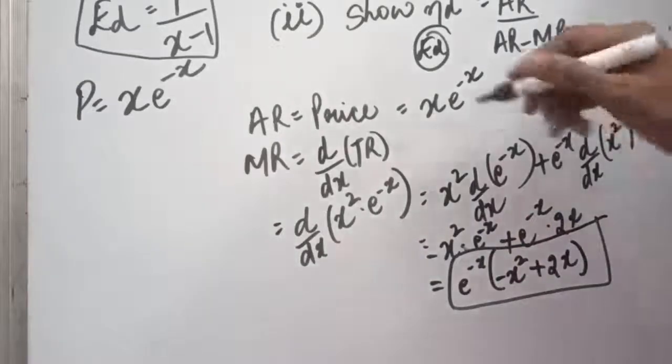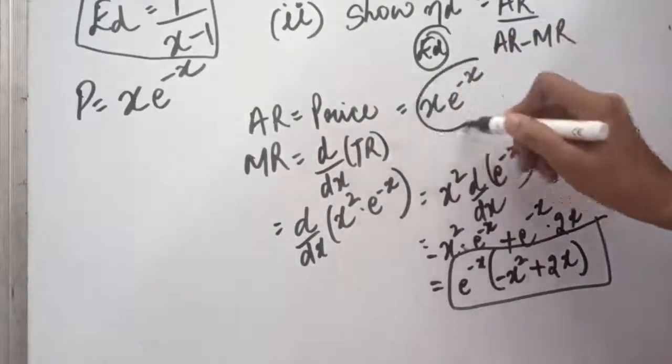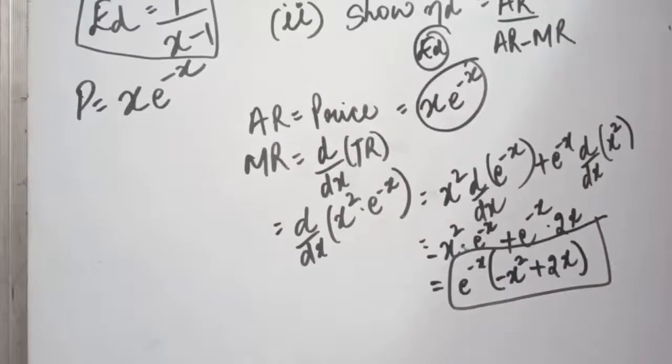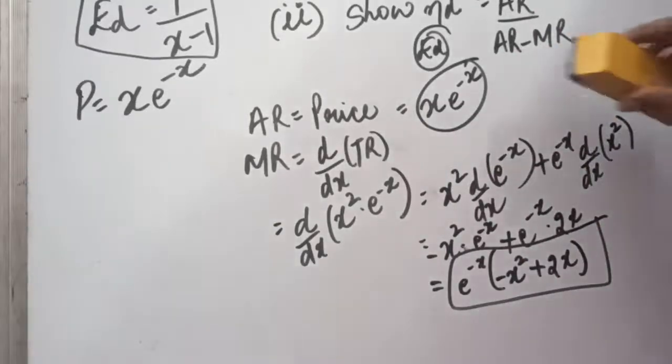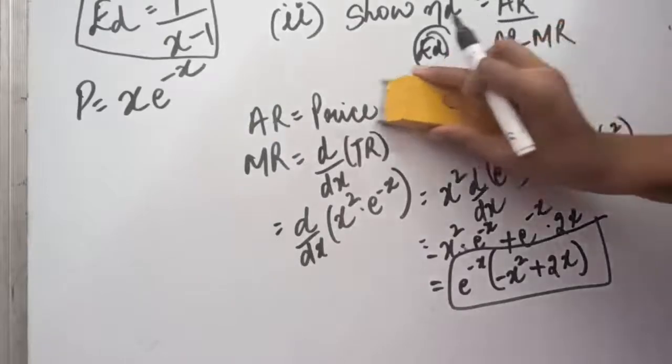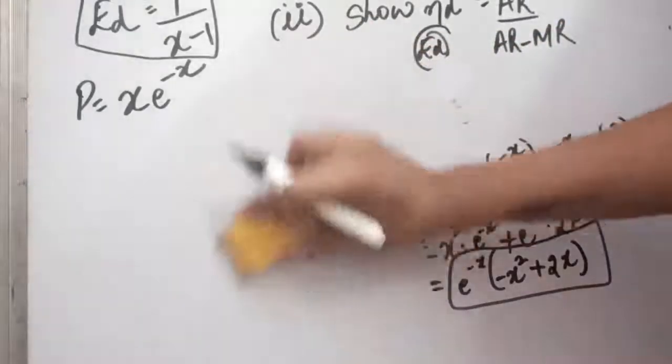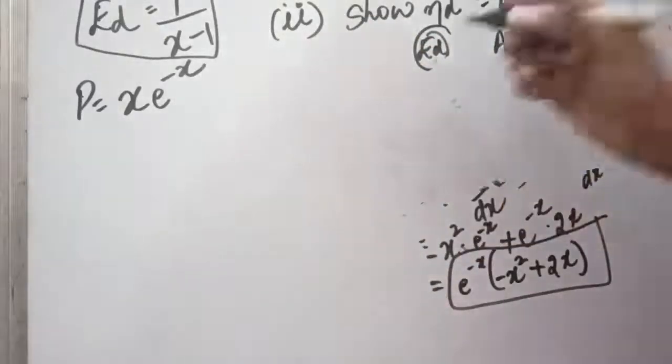Now we got AR. AR is this, MR is this. Now we will put these values in this equation. Now the equation says AR. Let us put the value of AR in the equation.